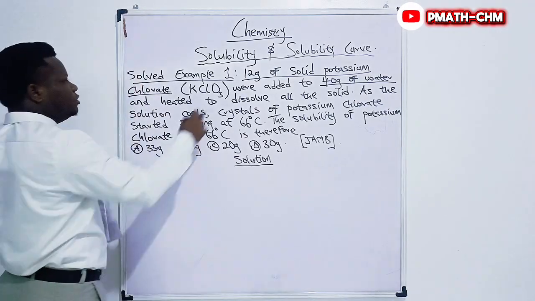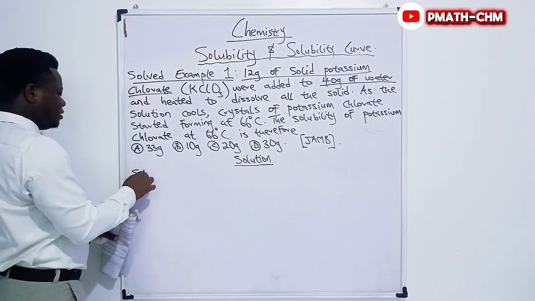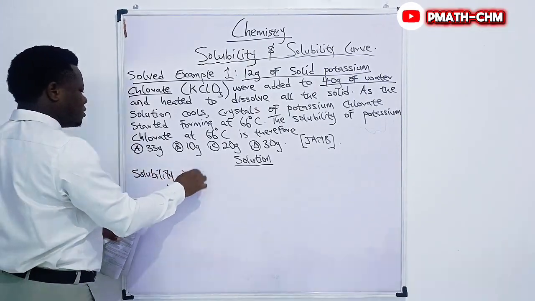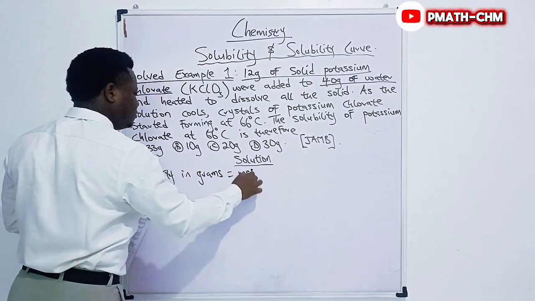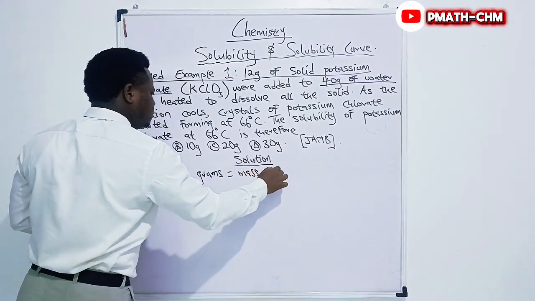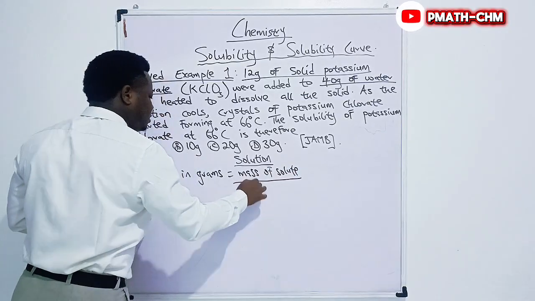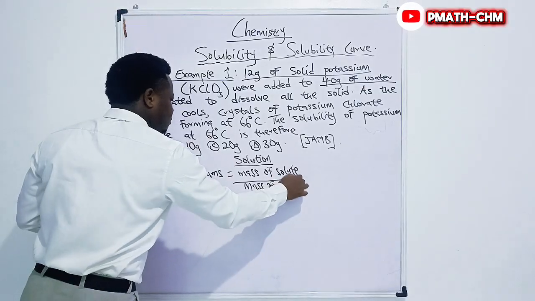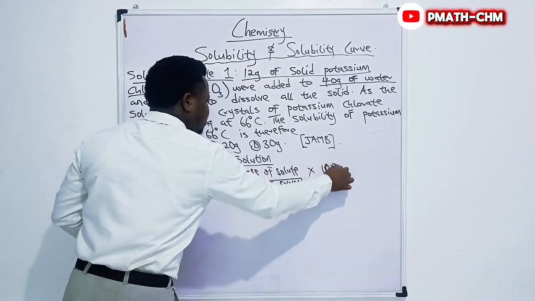So what you simply do is you use your formula for solubility in grams. Solubility in grams, we said, is mass of solute over mass of solvent, then times 100 grams.